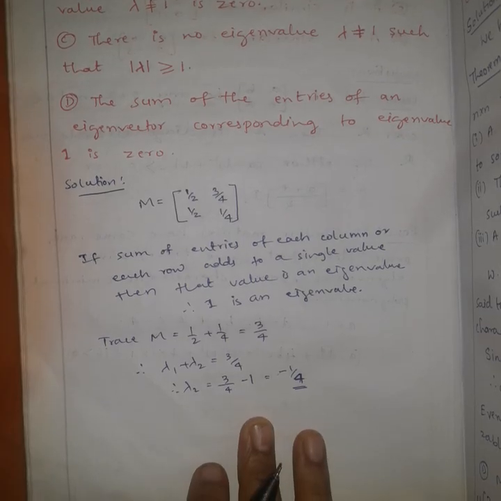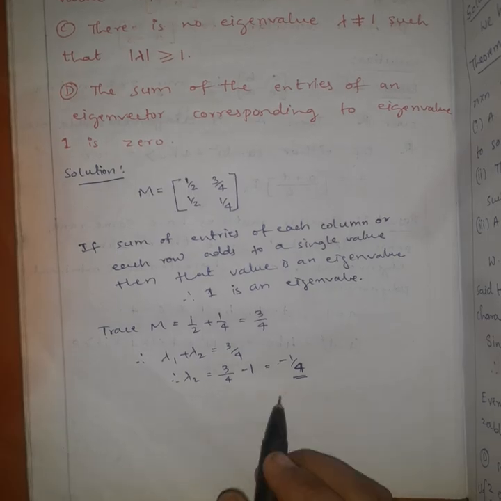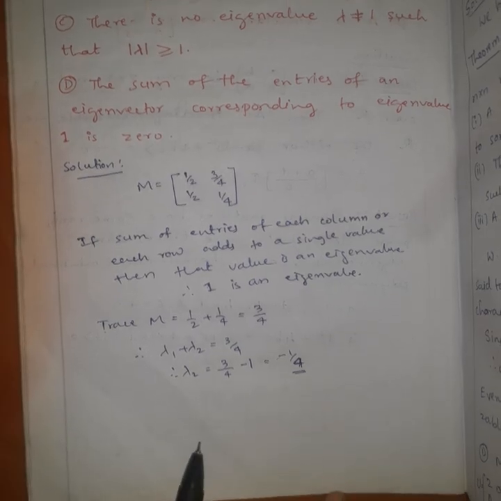Now let us find the eigenvector corresponding to lambda 2 equal to minus 1 by 4.